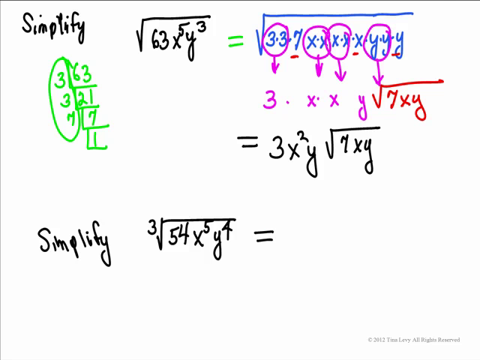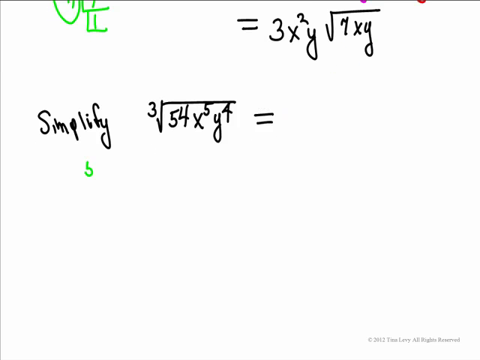I'm going to get the prime factors of 54. I start with the first prime, 2. 2 goes into that 27. 2 doesn't work anymore. Then I go 3. 3 goes into that 9. 3 goes into that 3. 3 goes into that 1. Those are the prime factors of the number.